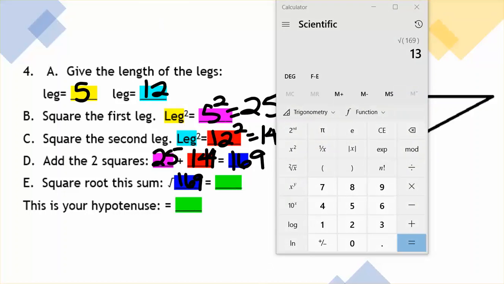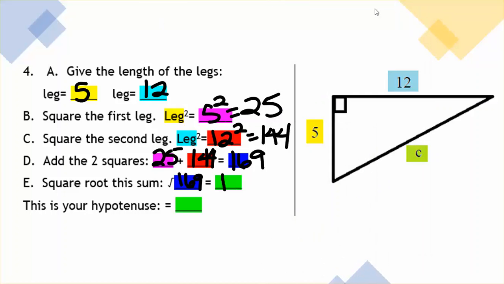So the square root of 169 is 13. And we have found our answer. That's the hypotenuse. Do a quick check and make sure that it still is the longest side. That's a way to just maybe double check that you didn't make a mistake.